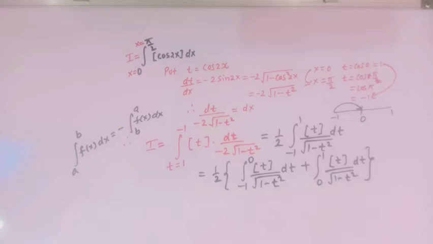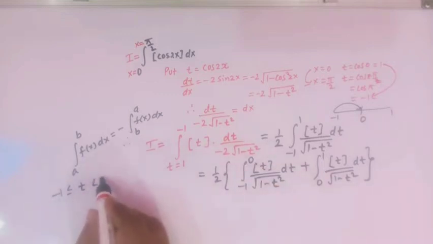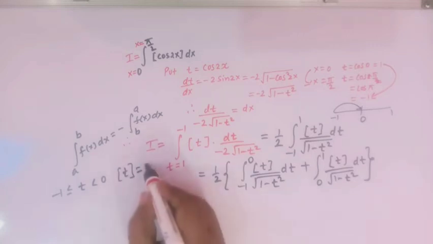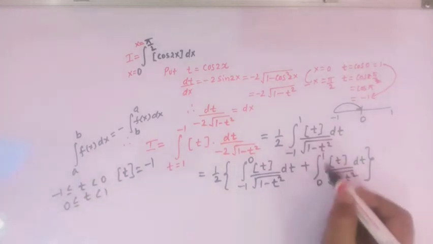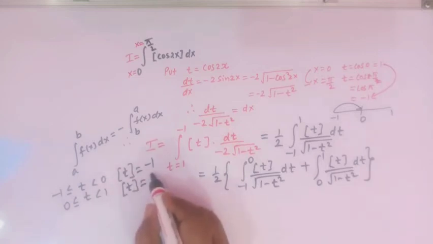Now before proceeding further, let us use the definition of the greatest integer function, which says that when t lies between minus 1 and 0, then the value of greatest integer t is minus 1. And when t lies between 0 and 1, then the value of greatest integer t is 0.